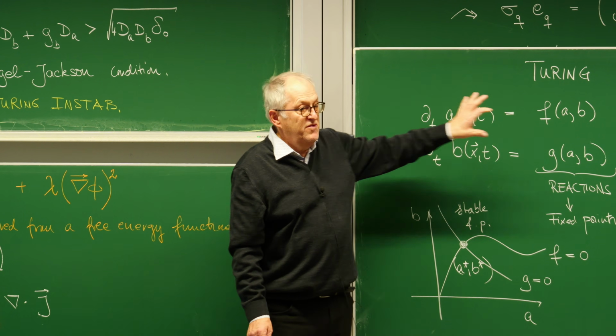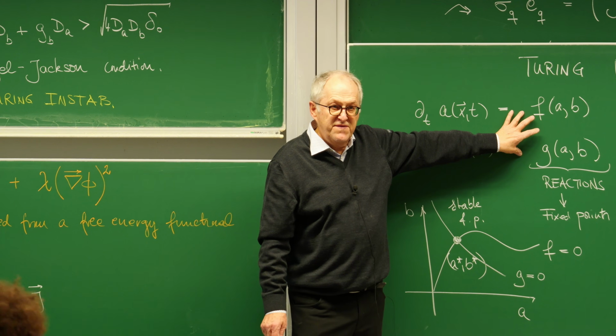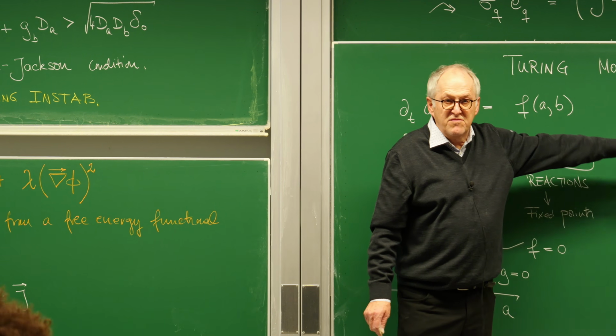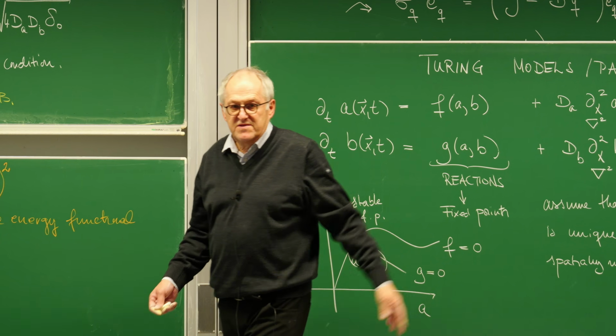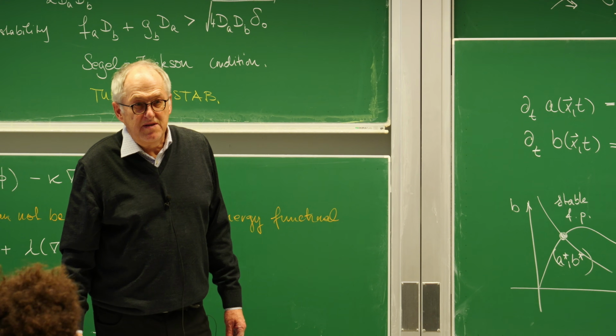You say you have diffusion and you have reaction. There's nothing constraining f and g. And there is nothing really special to the other terms that just have isotropic diffusion for both species.